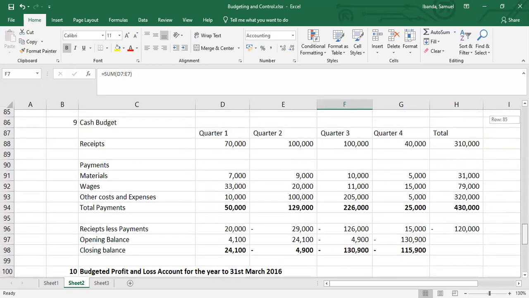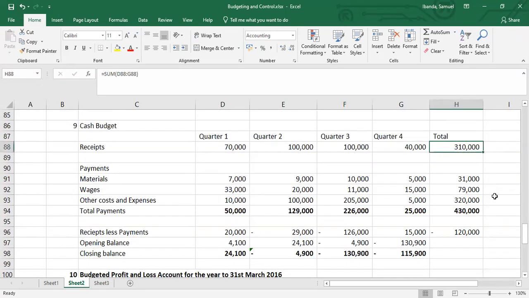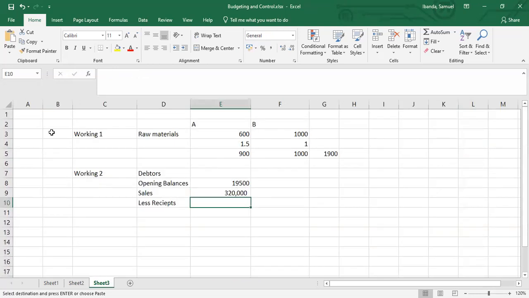So you come to your cash budget and see how much you receive in receipts. It's 310. So I'll put it right there. So the debtors that I started with, plus 320, of course, 320 would increase my debtors since I've sold, and then anything that I receive reduces that balance, the 310.